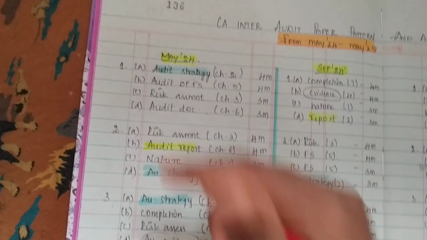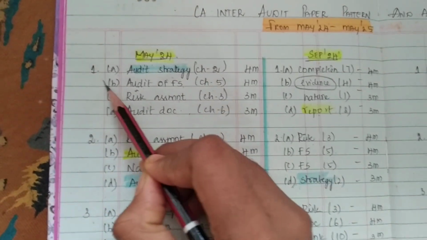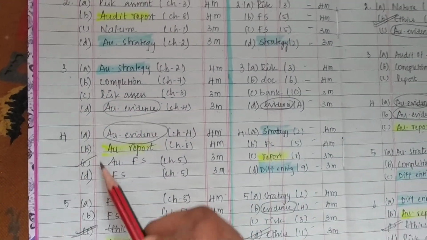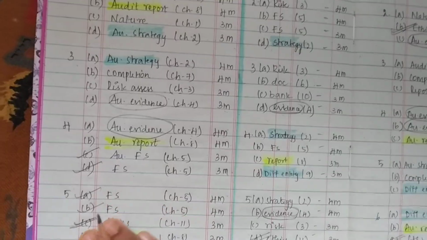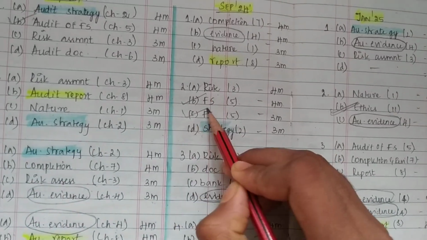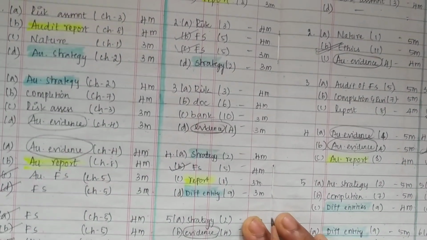As well as audit of financial statement, that is chapter number 5. Here the audit of financial statement has been tested. And in the fifth question, A and B. Also in the September 24 attempt, the fourth question was on financial statement.